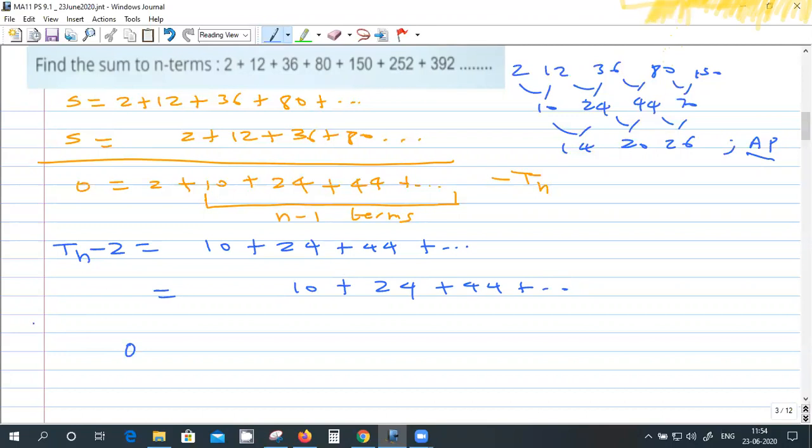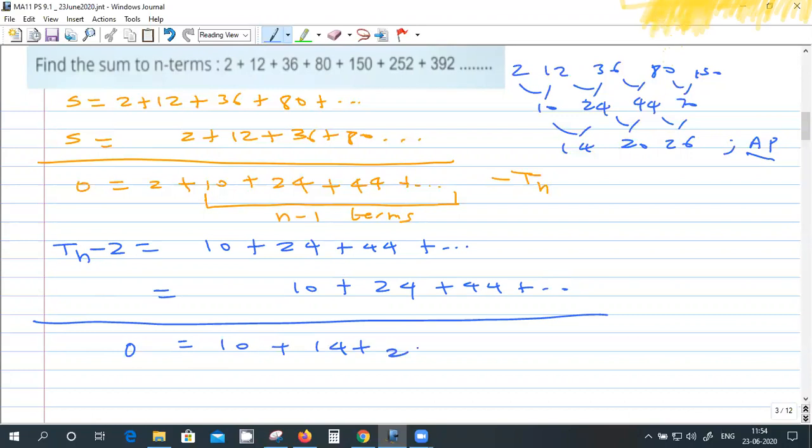You get 0 equal to 10 plus 14 plus 20 plus 26. This will be n minus 2 terms. And this will be minus.